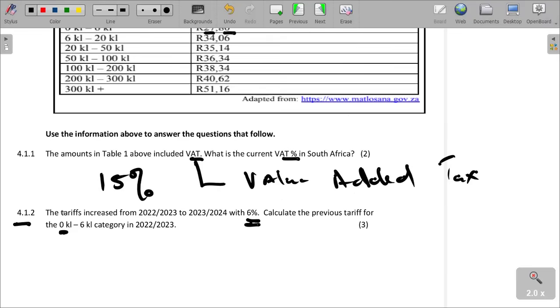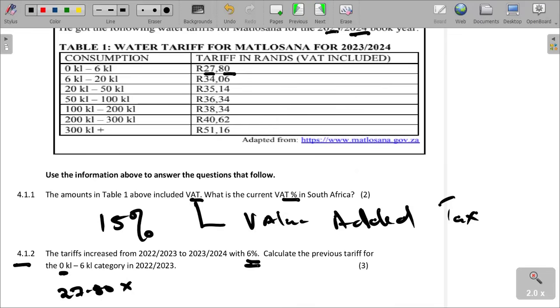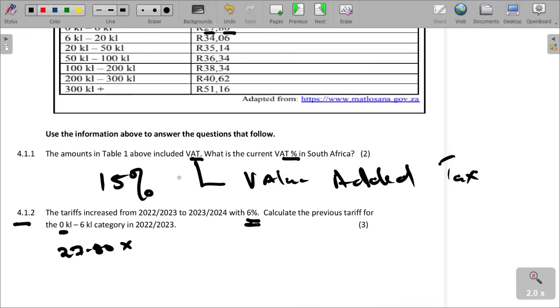This is equal to 27.80 multiplied by 100 over 106, because it increased by 6%, which is 106%. So the price increased by 6%, from 100% to 106%.